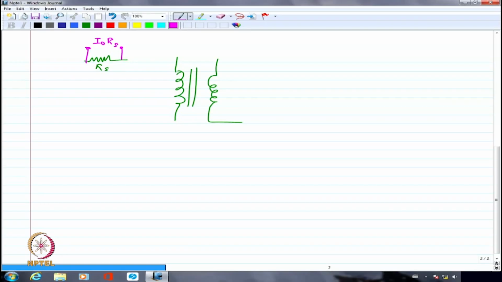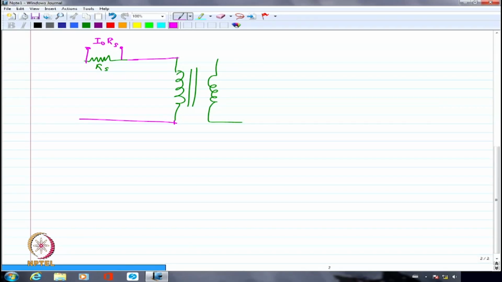Now this is connected to the primary side, and on the secondary side, I would like to get a measure of the flux, if I can. Because if I get the flux and if I get the magnetizing current or the no load current, I am going to neglect the core loss component of current. I am assuming that the entire current that is flowing is approximately the magnetizing current. Okay?